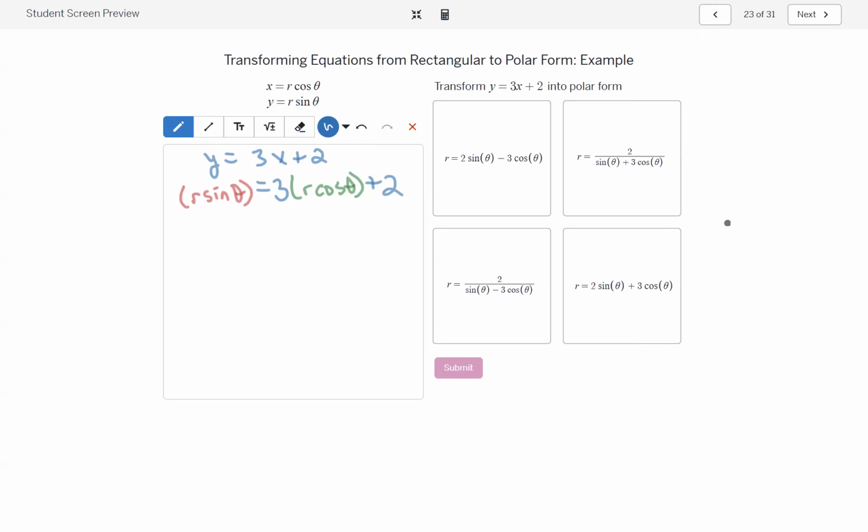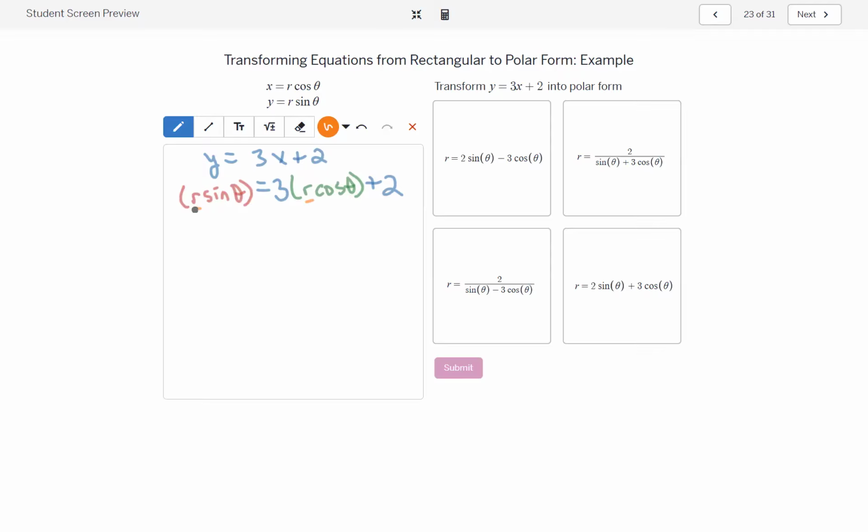So what we need to do now is we need to get r by itself. So my r shows up in more than one spot. So I'm going to get all of my things with r on the same side of the equation.